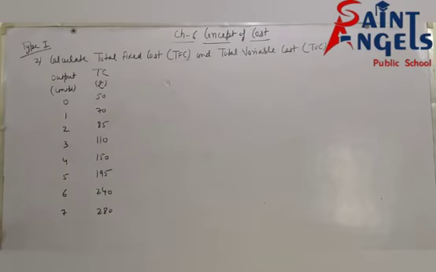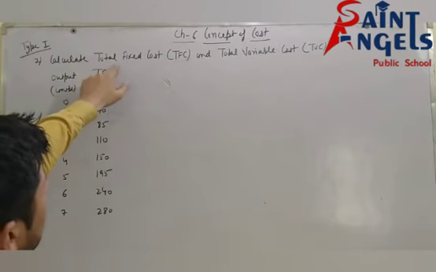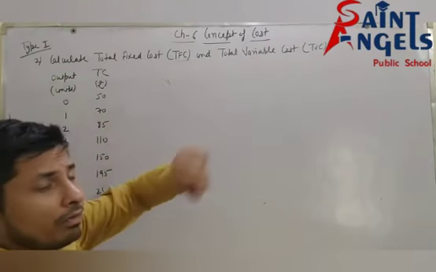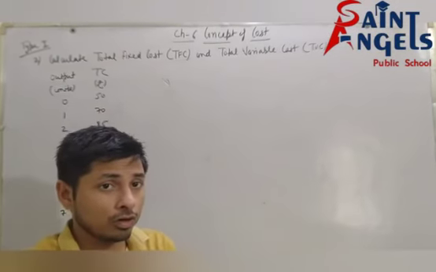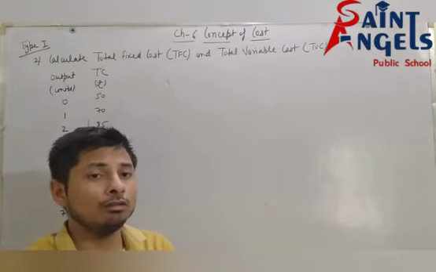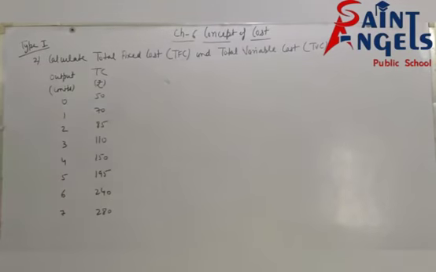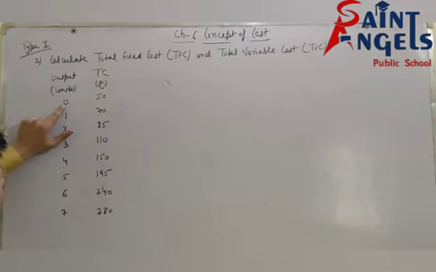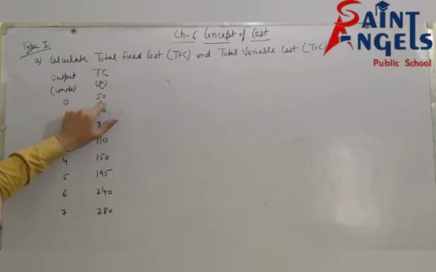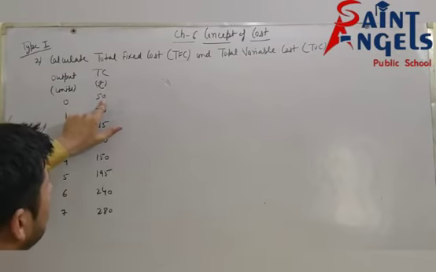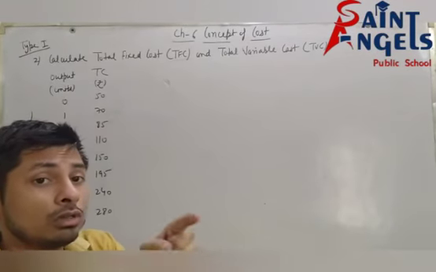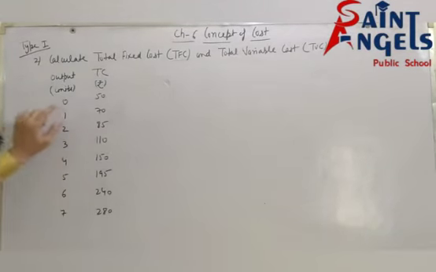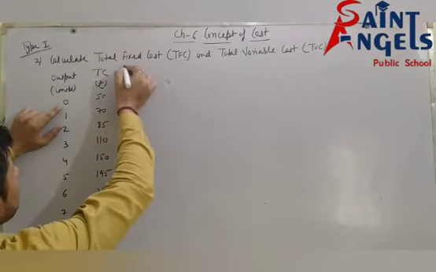See, question number 2 of type 1. Again calculate total fixed cost and total variable cost. Again, always remember, first of all you will calculate total fixed cost. See, at zero level of output, TC is 50 here. You know that at zero level of output, TC is equal to TFC.